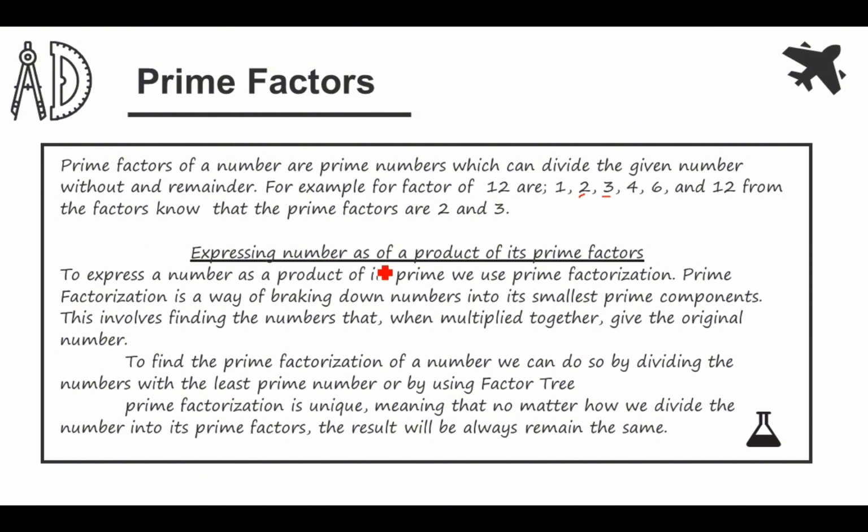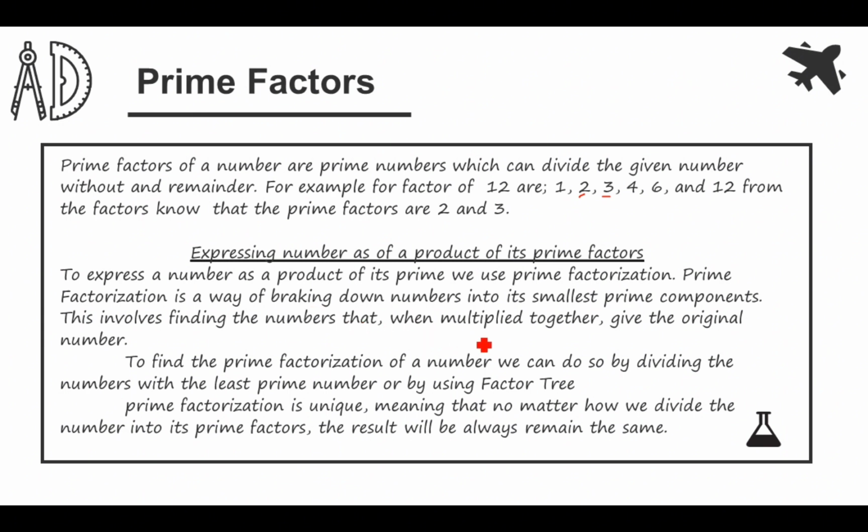From there we move on to expressing a number as a product of its primes. To express a number as a product of its primes, we use what we call prime factorization. Prime factorization is a way of breaking down numbers into their smallest prime components.